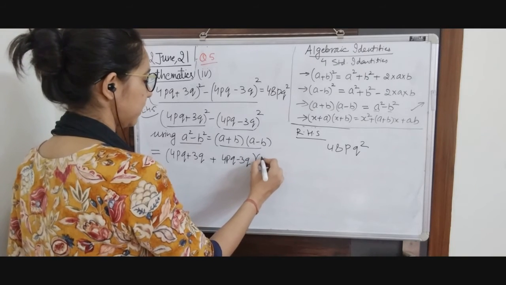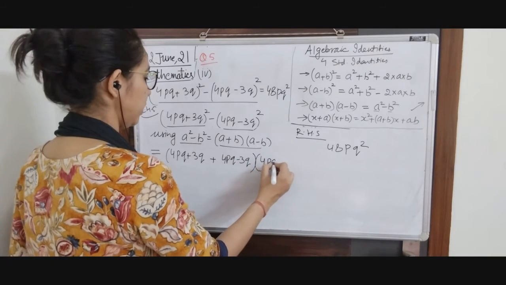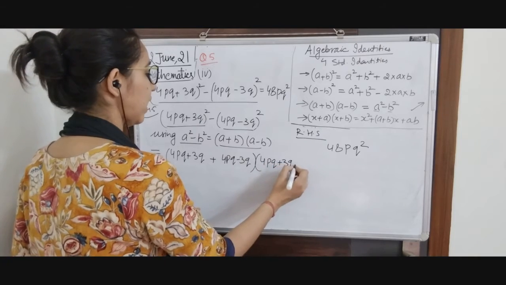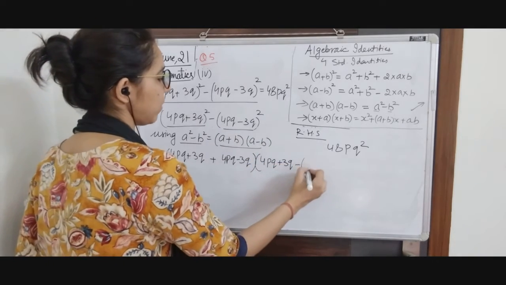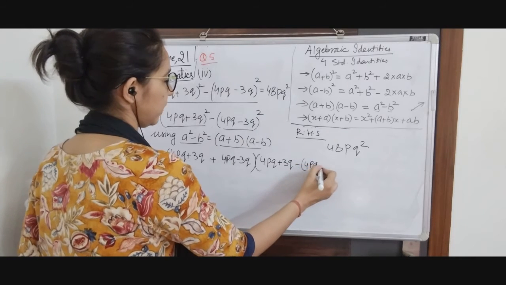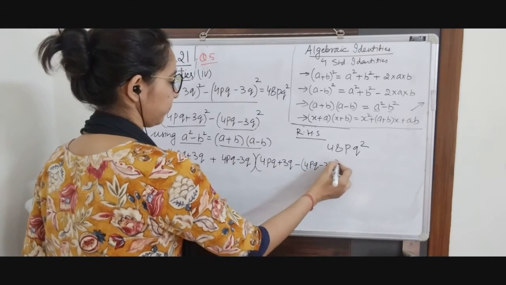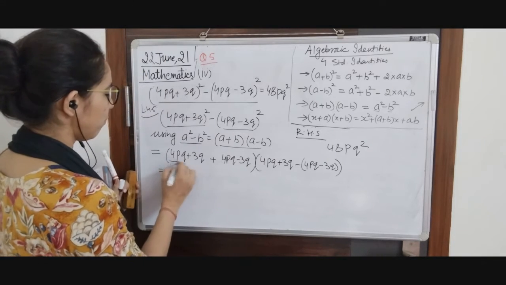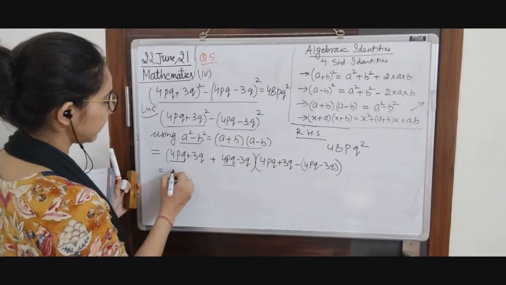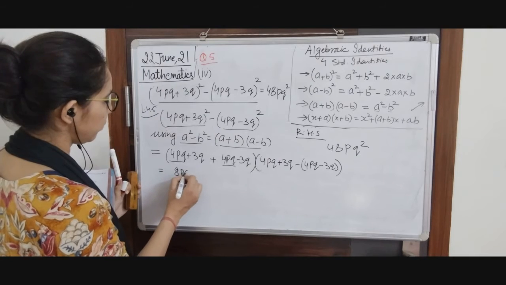Then we have a minus b, means 4pq plus 3q. Because we are writing minus, we will be writing this term inside a bracket, so no complications with negative sign. Here we have 4pq plus 4pq. We can add the like terms, we will get 8pq.